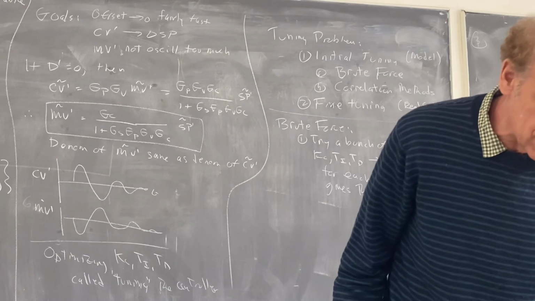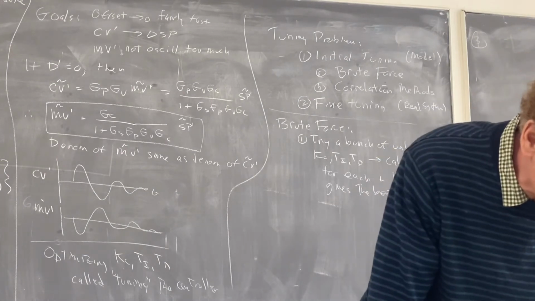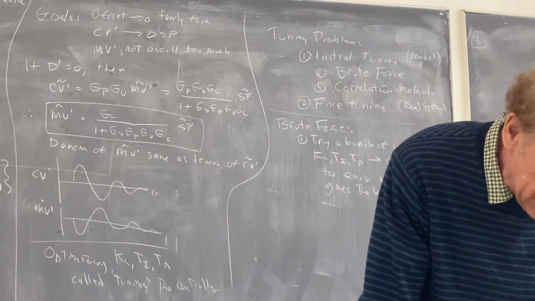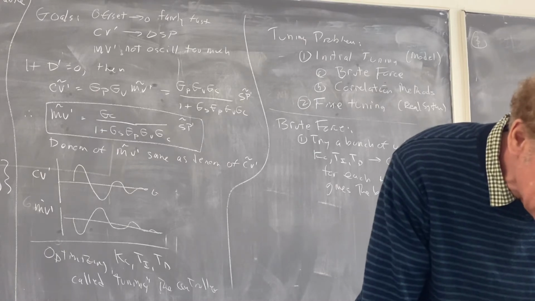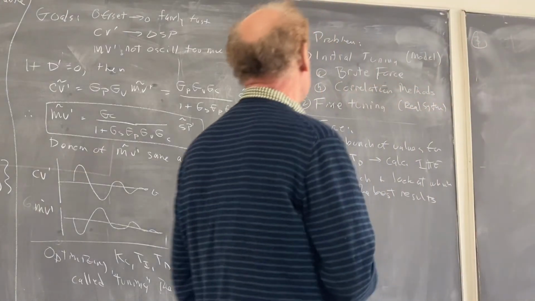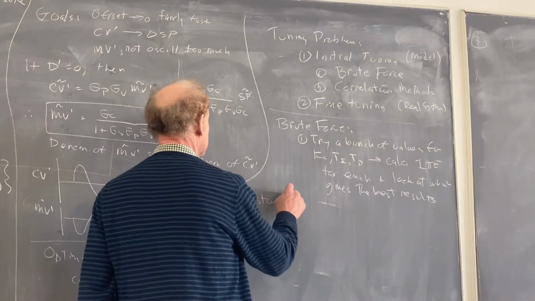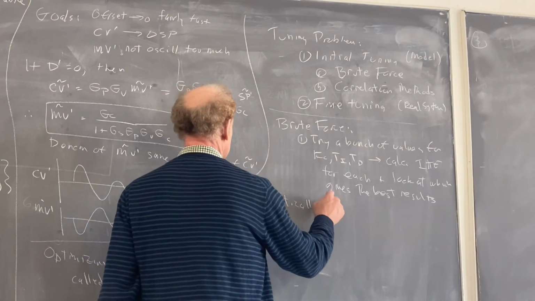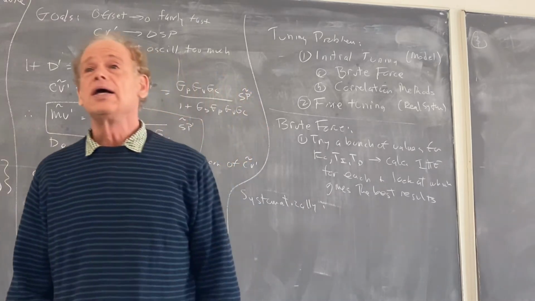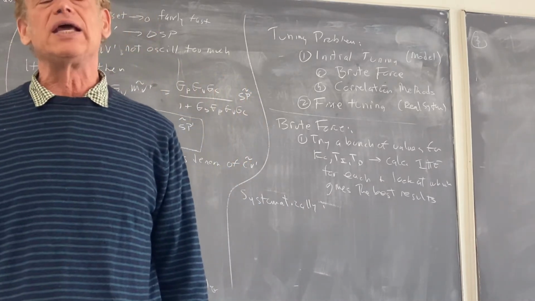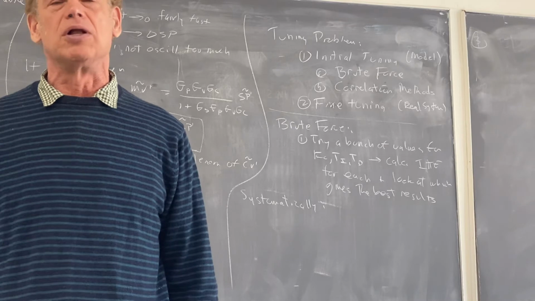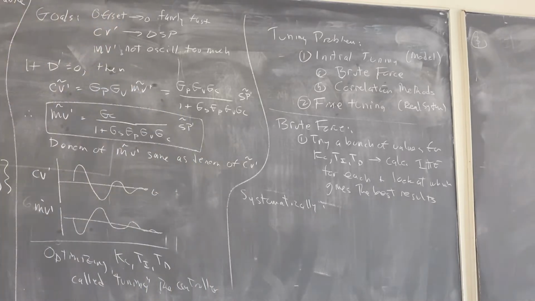They look around and they try to do things in the following manner. So let's do this systematically. The first thing we know is that it's very easy to go unstable if I make the differential controller too aggressive. So let's just shut off TD.